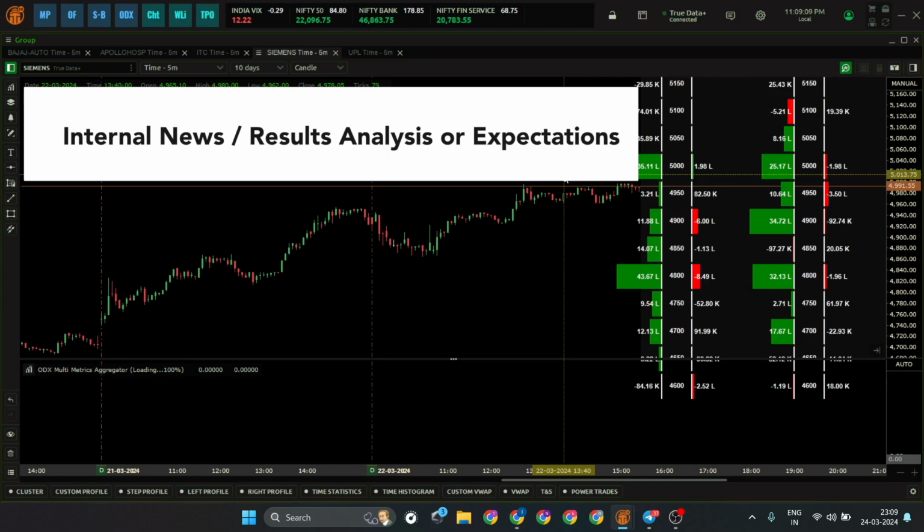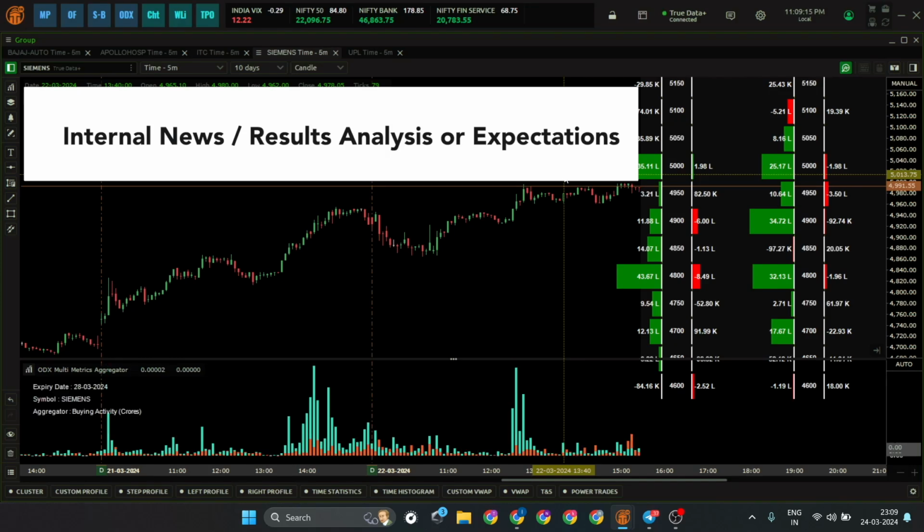The first is if operators come to know some internal news and are expecting bullishness or bearishness in a very short period, in the next 4 to 5 trading days, or 6 to 7 trading days, a good news or bad news. In that case they will go for out of the money buying.